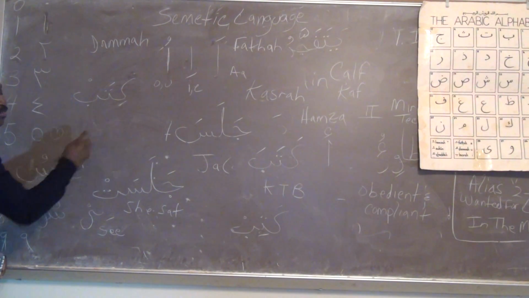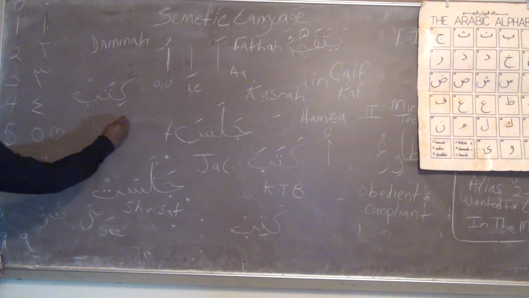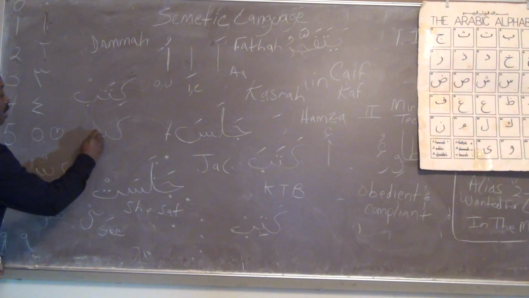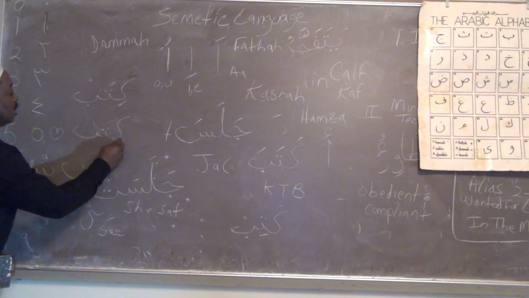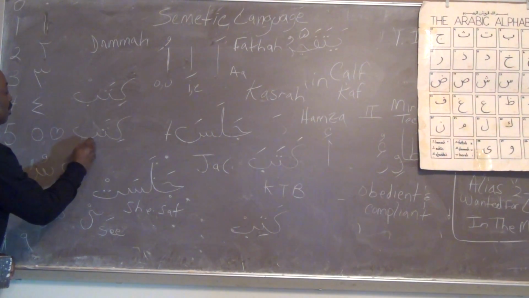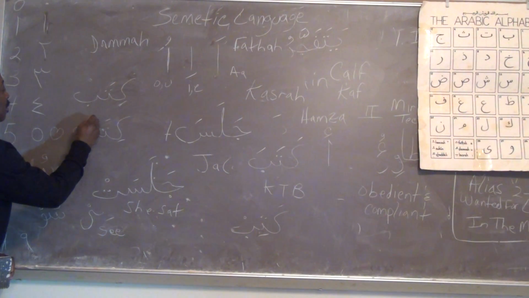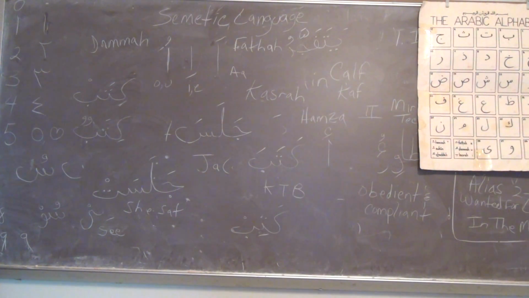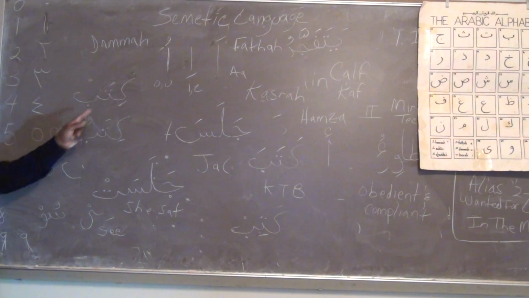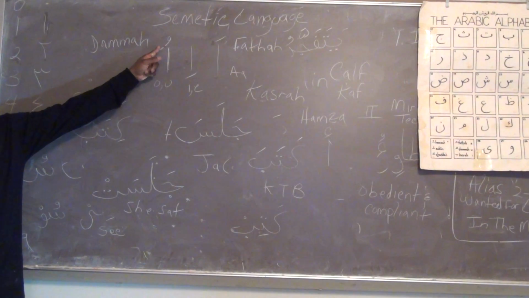But what if I want to say a book? Notice what I did, I put double dhamma. Remember when we had the dhamma, we gave it a what sound? A U or O sound, right?